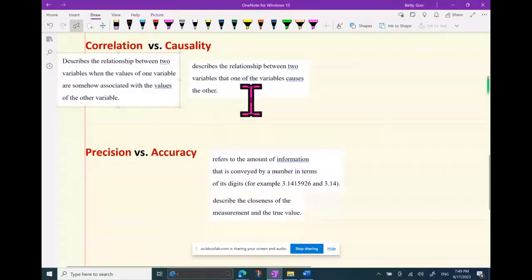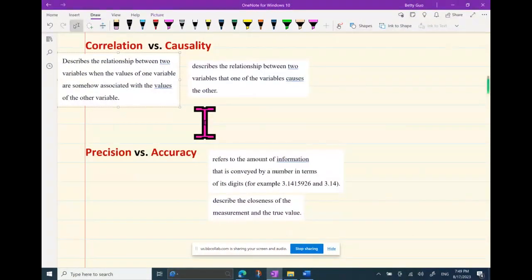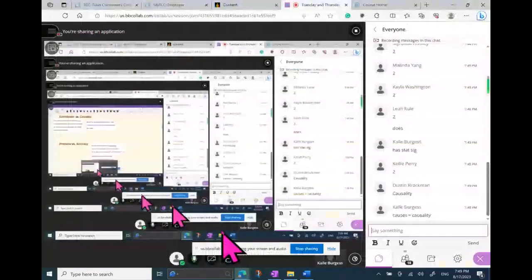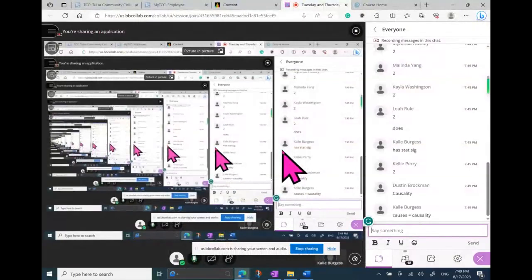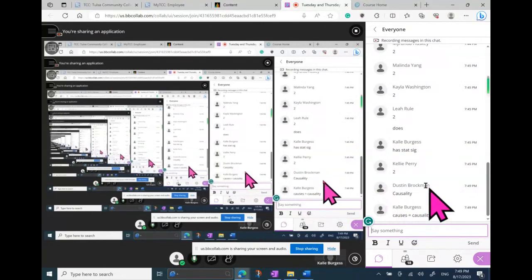Correlation describes the relationship between two variables when the values of one variable are somehow associated with the values of the other variable. That's a very good description of correlation. Very important, we need to know correlation does not mean causality. Yeah, exactly. Perfect. Thank you, Kylie.